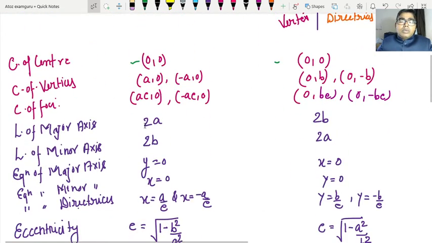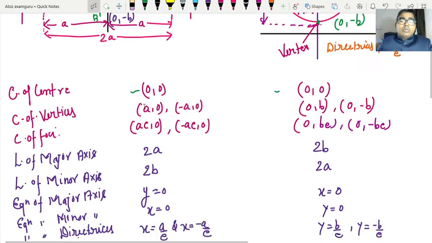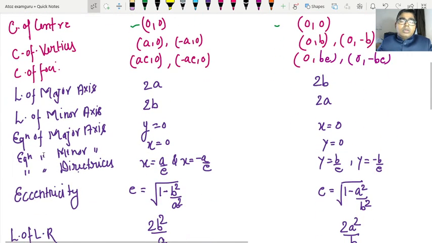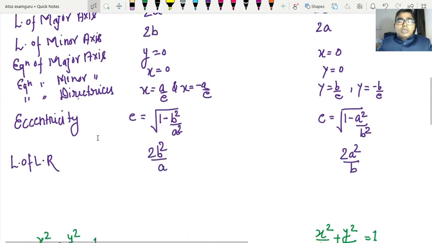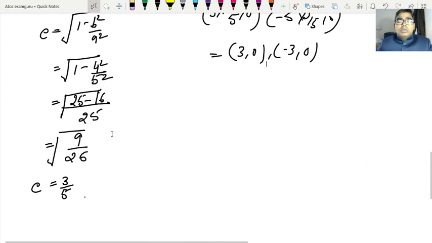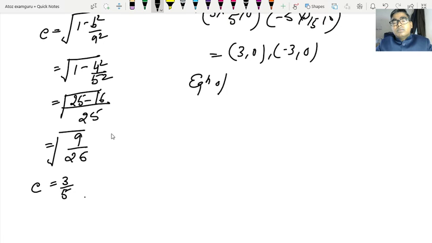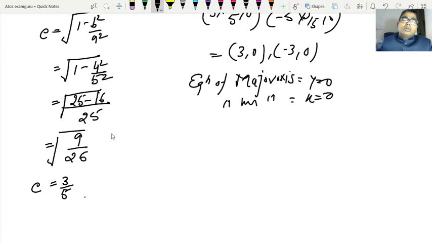Right friends, after that, the major axis we find, the minor axis we find. Equation of major axis is y equal to 0 and equation of minor axis is x equal to 0.